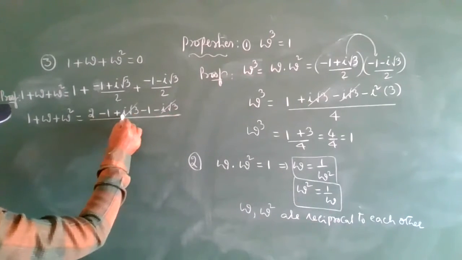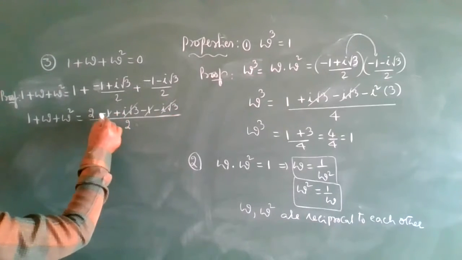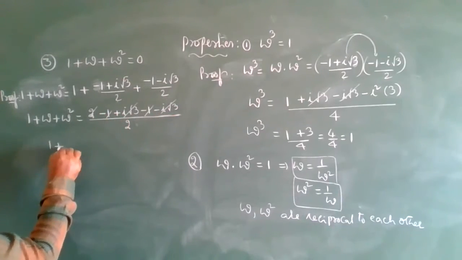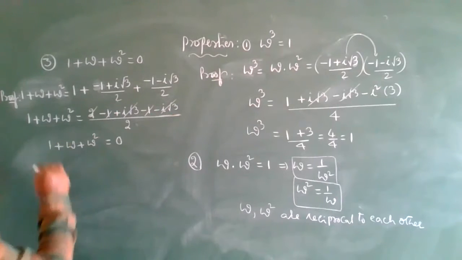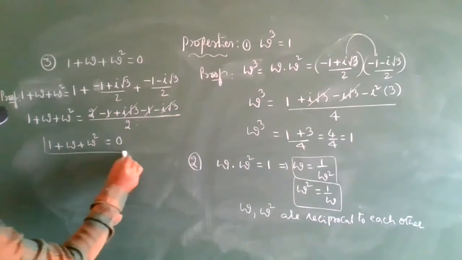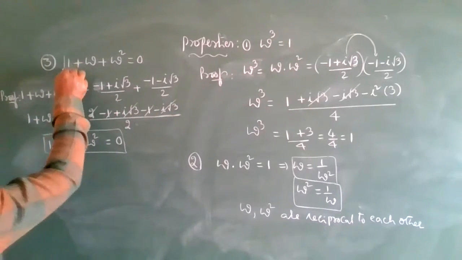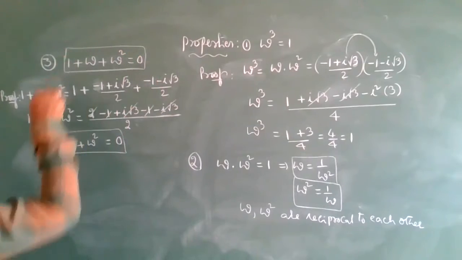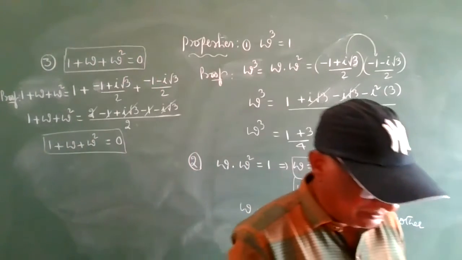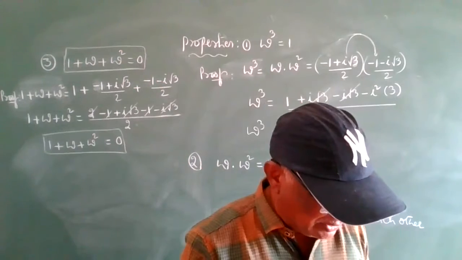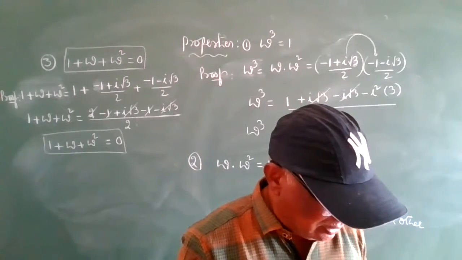The i root 3 cancels, and minus 1 plus 2 minus 1 cancels. Therefore 1 plus omega plus omega square is 0 in value. Is that clear, everyone? This is the third property. Three properties are completed.